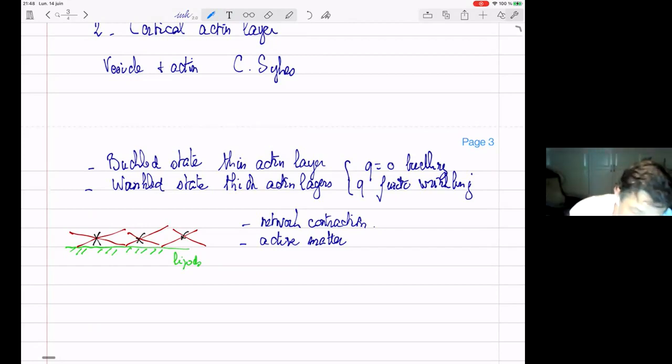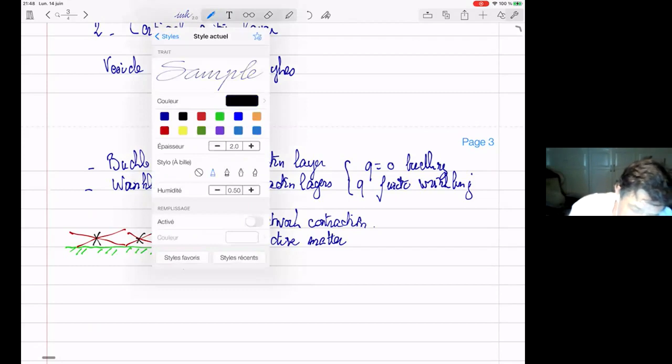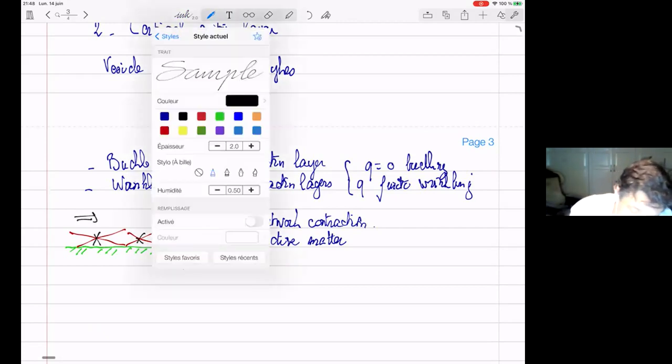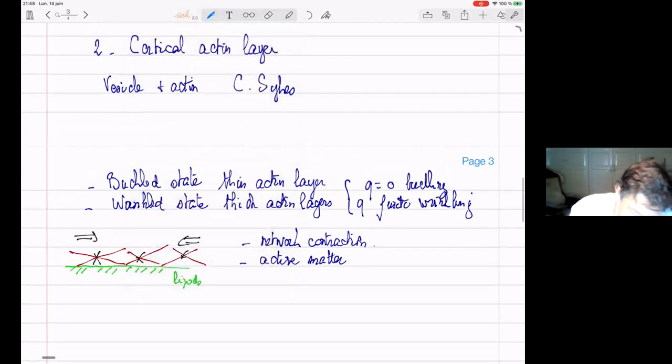So what this means is that because of the molecular motors, the filaments are contracted like this, parallel to the plane, and so there is a stress. There is a stress which has this orientation. That corresponds to a contractile stress. If I cut the stress, the filaments shrink on themselves.